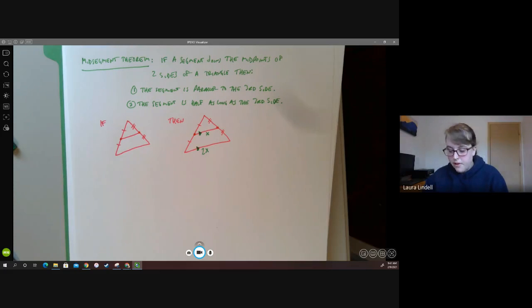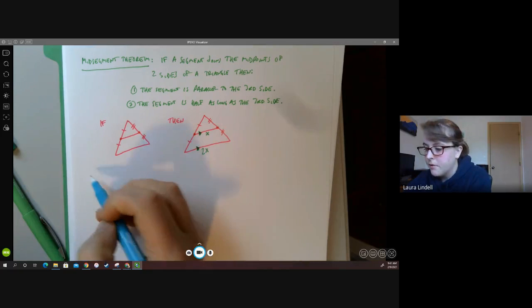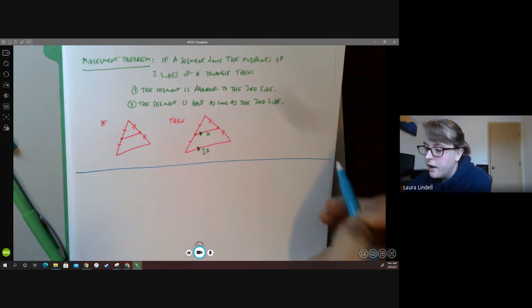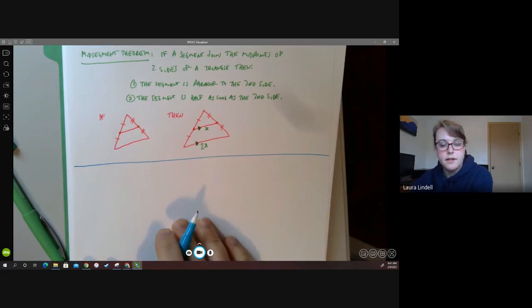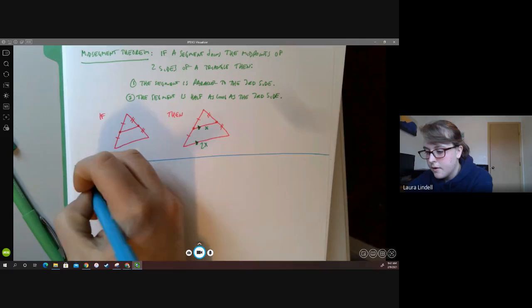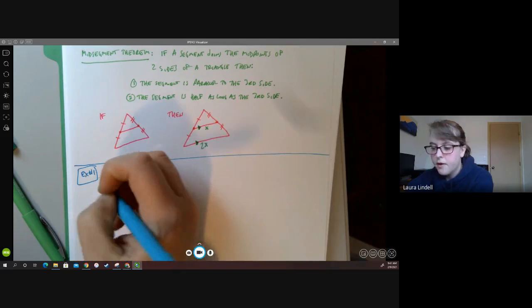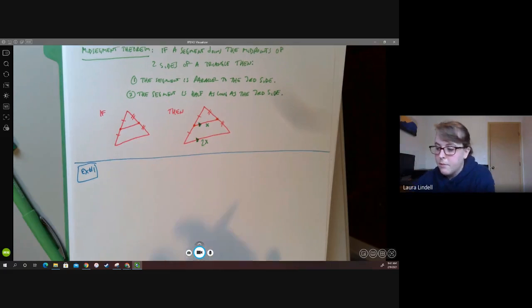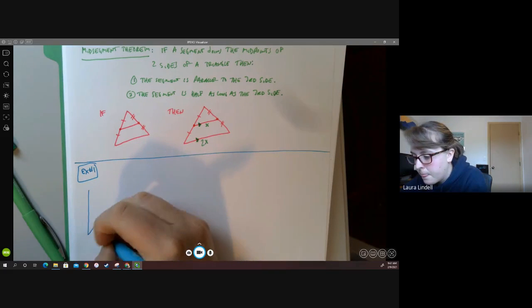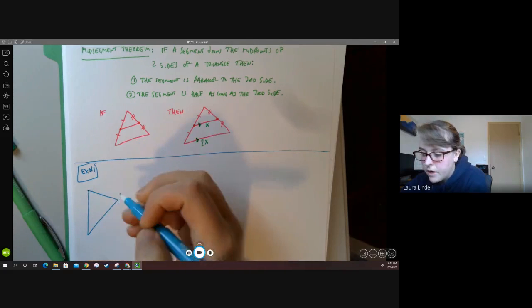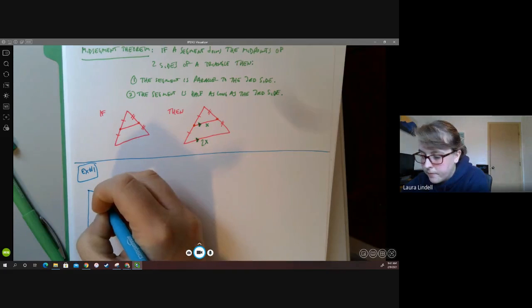So we're going to do a couple of examples that involve the mid-segment theorem. We're going to start with the simple one, and then we'll talk about the algebra version of things. So the first example, got our triangle here.